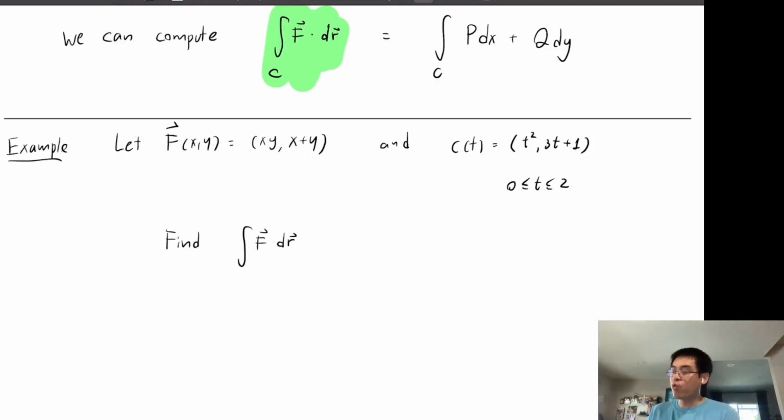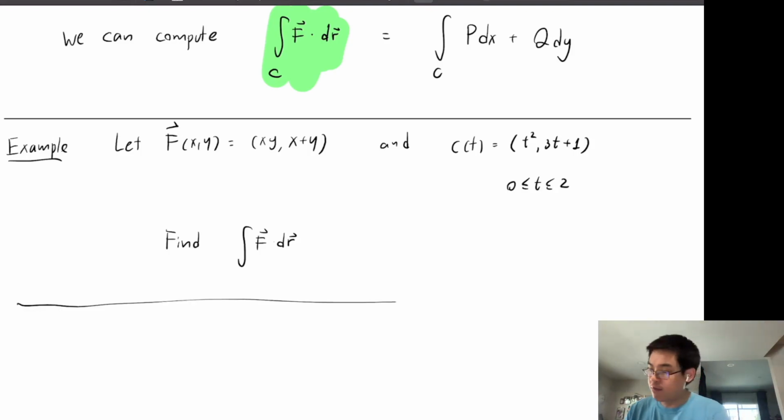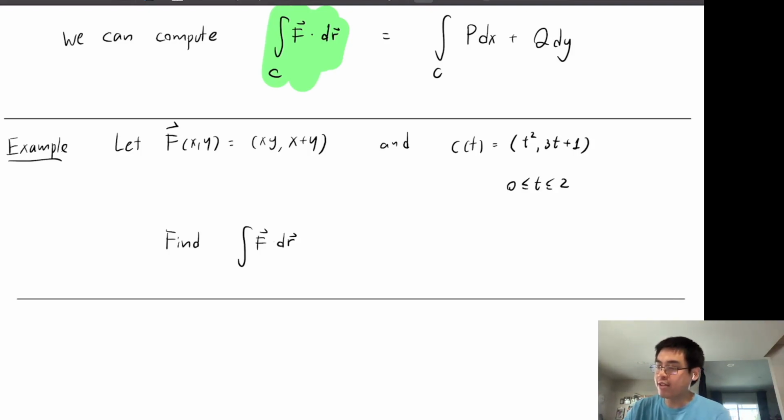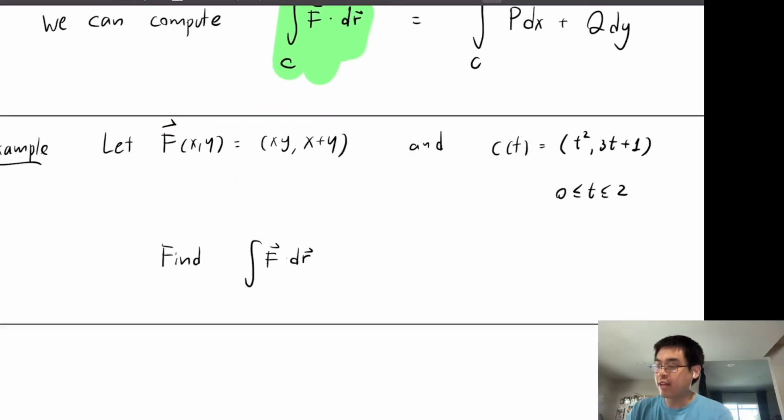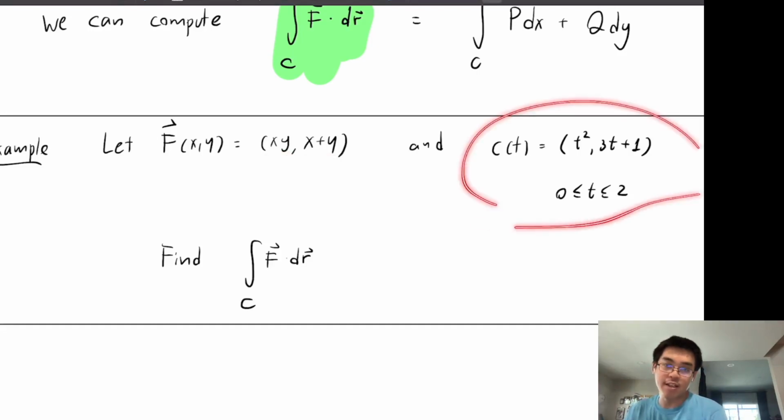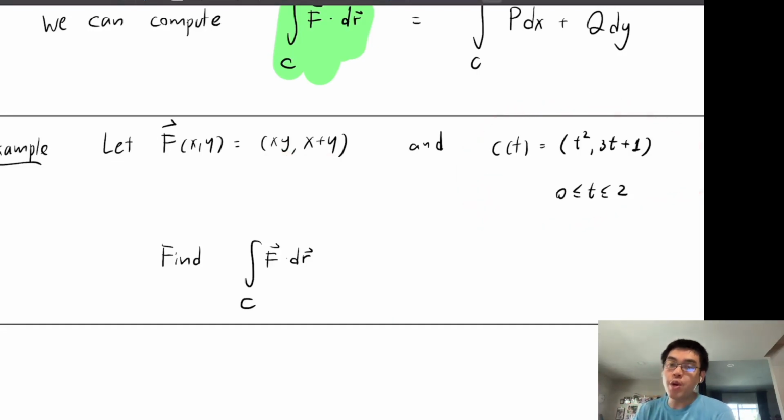All right. So a question can go like this. Given a vector field like this, the F will always look like this: you have two functions, the first part and the second part, and they ask you to do the integration of F dot dr when you give C like this. What we do is translate this problem to P dx plus Q dy.